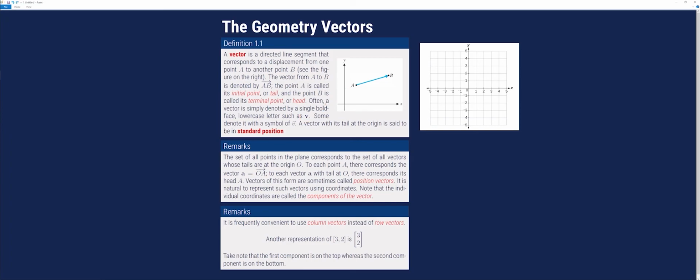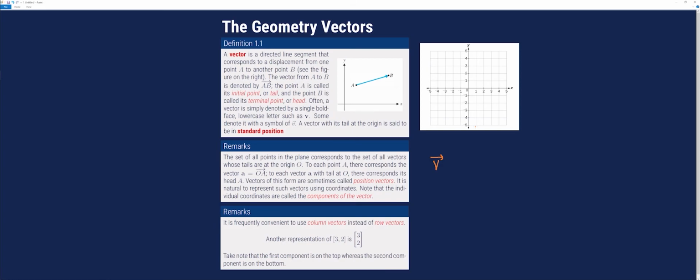However, it is difficult for us to write it on a piece of paper, so we usually use this one if we are writing the vector on paper. So basically, that is just a letter, say v, with an arrow pointing to the right written on top of the letter.